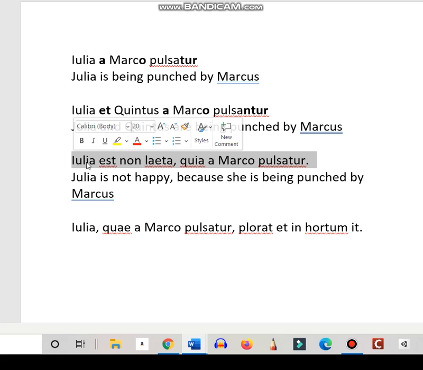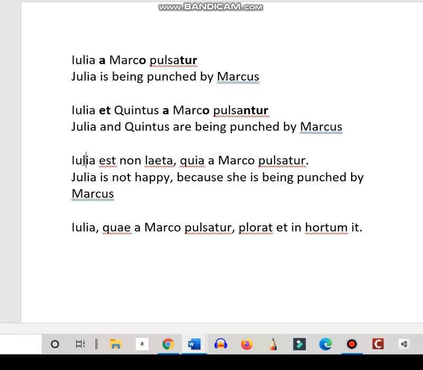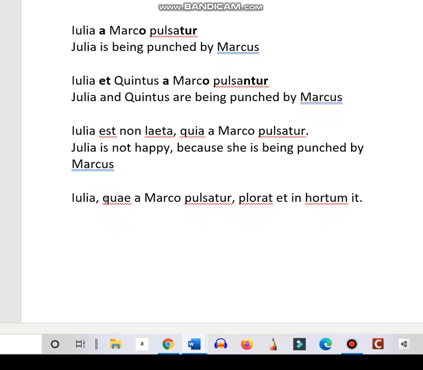You just have to remember that you also need to translate this in addition to translating all this. And notice how, despite the fact that there's a comma and an explanatory word in the middle, Julia is still the one that the verb is about. So the pulsator refers back to Julia. All right, so now we get to the last word.